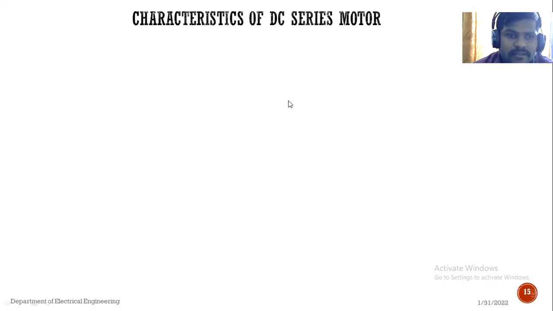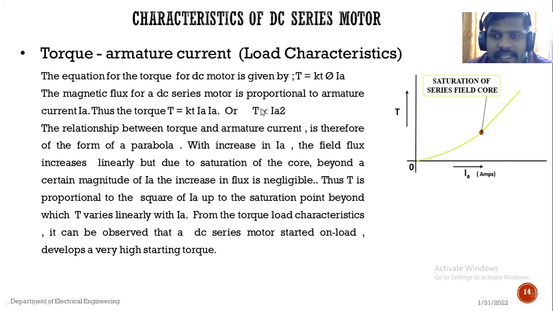Let me explain the characteristics of the DC series motor. The first one I have already discussed, that is torque versus armature current characteristics. As we know, the flux of the DC series motor is proportional to the armature current. As the armature current increases, the flux of the motor also increases.